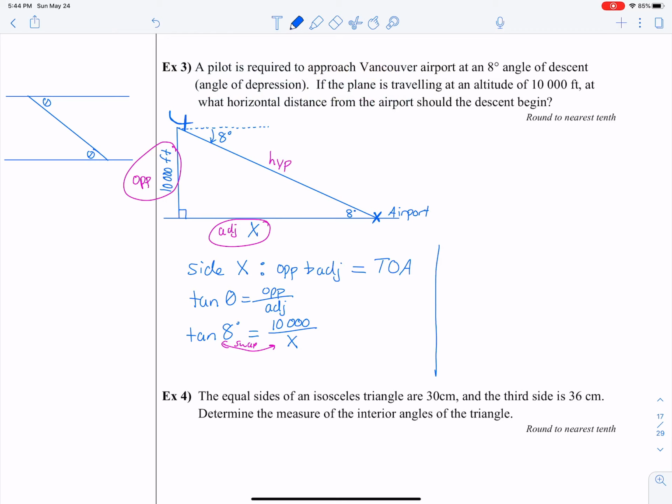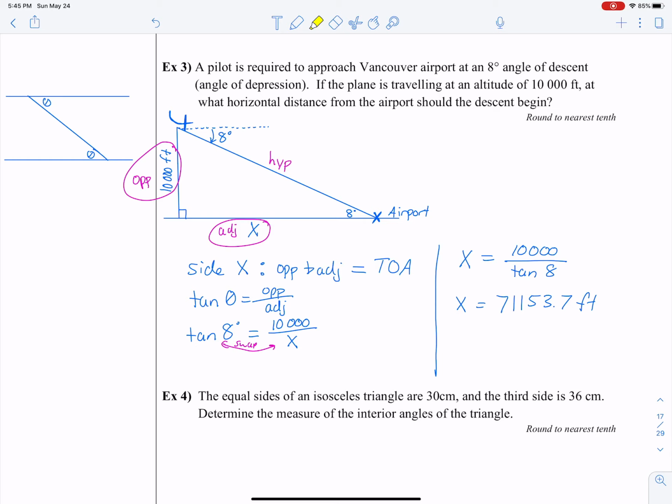I'm going to continue writing over here. X is equal to 10,000 over tan of 8. So now I can put that in my calculator, and I get 7,153.7 feet to the 10th again.